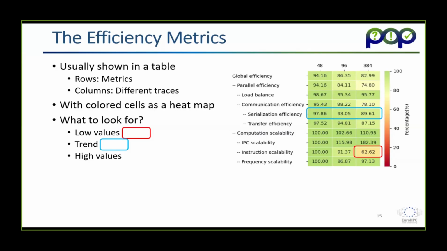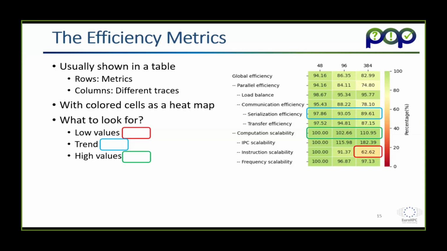And it's also important to check for high values, because, for example, in this case, computational scalability is going up because the IPC is going up. And why is this important? Because this is hiding another problem. The computational scalability is going up, while I have an instructional scalability that is going down.